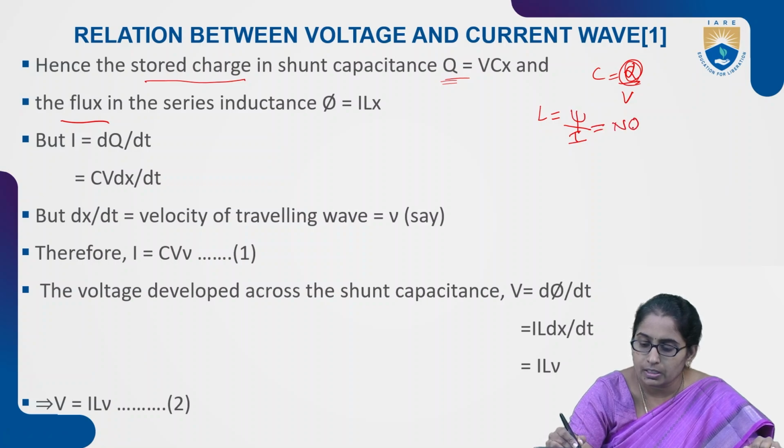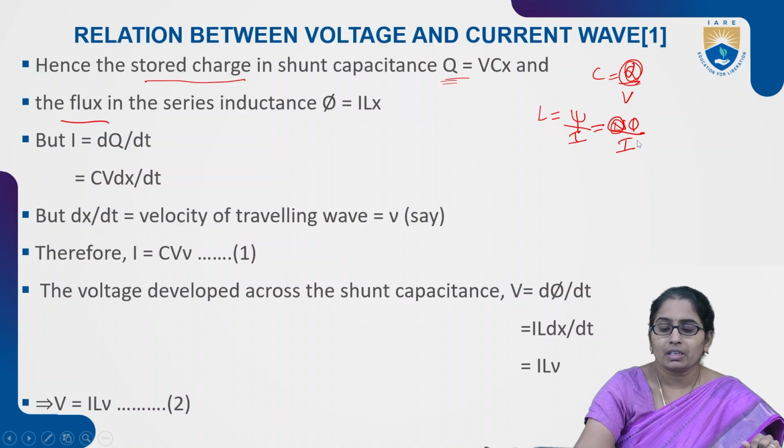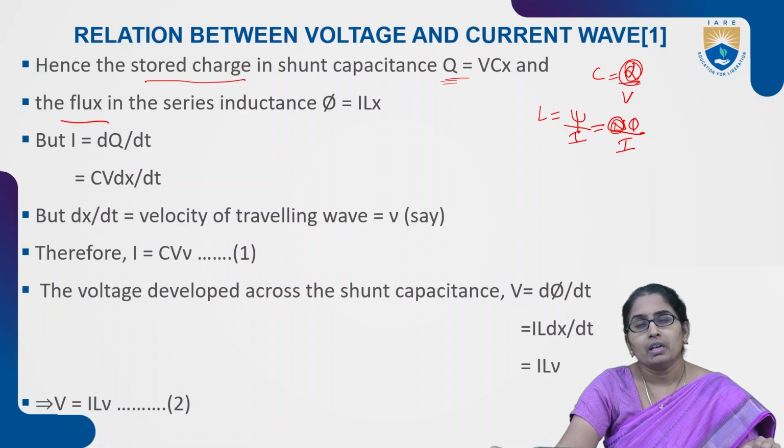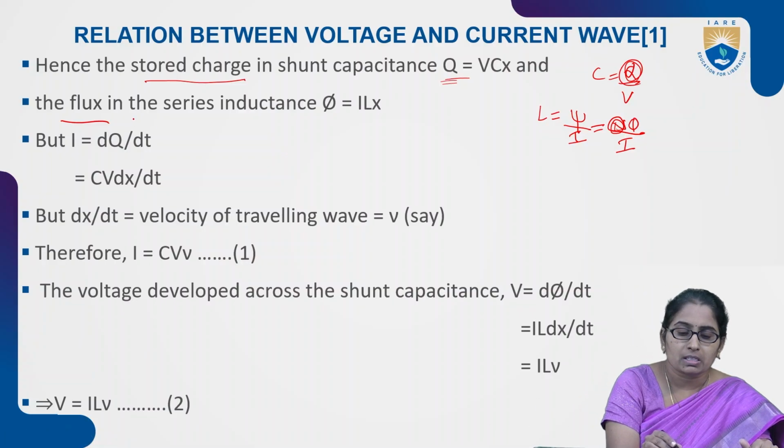Flux linkages is the number of turns into flux. If we say the number of turns is 1, then inductance is phi by I, flux by current. So the flux is written in terms of inductance L, current I and distance x meters, that is, L into I into x.